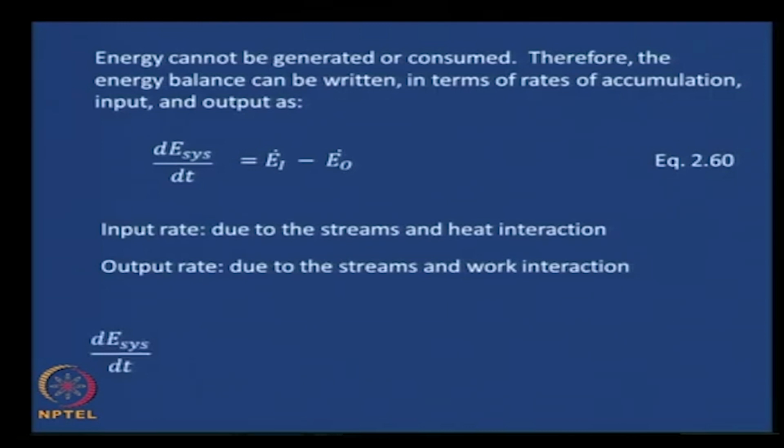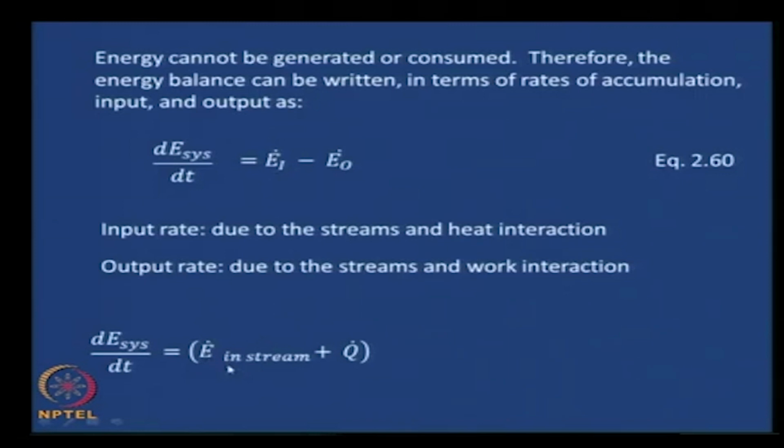If you take this into account, we can write equation 260 that we have seen here, the simple energy balance, as d/dt of E of the system, same as here, equals, we are explicitly showing the various contributions to E_I dot.